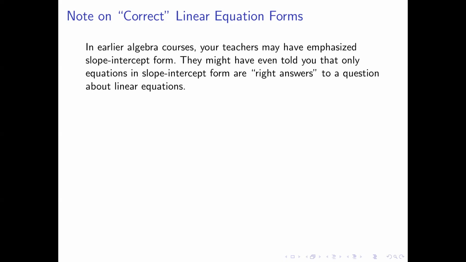You might have even been told at some point that if you're solving a problem involving a linear equation, the only, so to speak, right answer is the one in slope-intercept form. Well, this is to make things easier for your teacher. The reason is because any given line has only one correct slope-intercept equation for the most part. There are certain exceptions, but we won't worry about those.